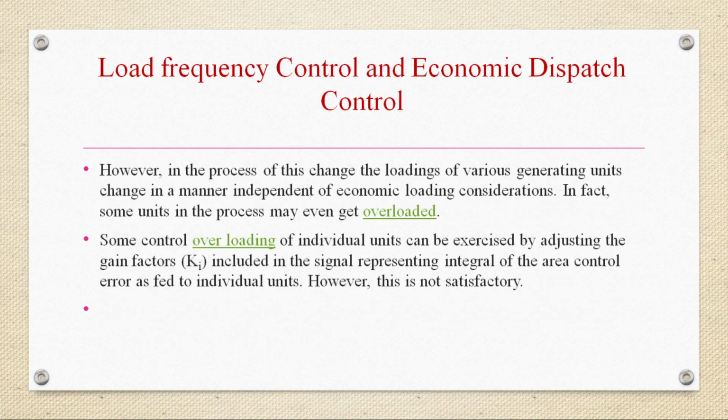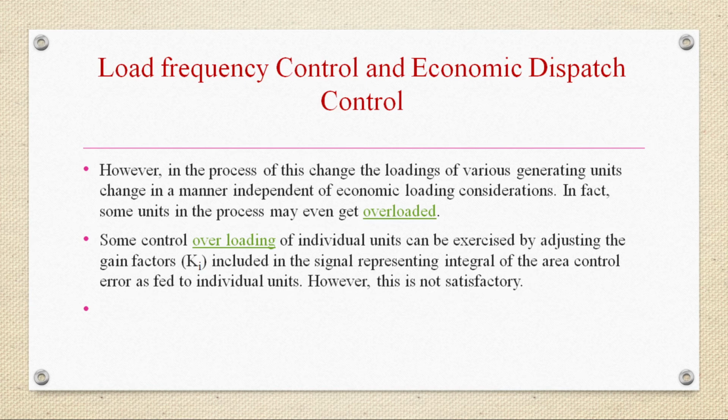But the process of change in the loadings of various generating units happens in a manner independent of economic loading considerations. Some units may even get overloaded. So we can set our generators according to the changes in the load, but sometimes what will happen?